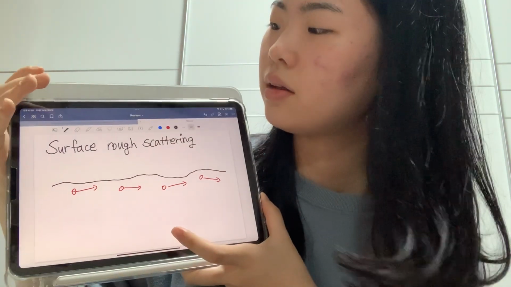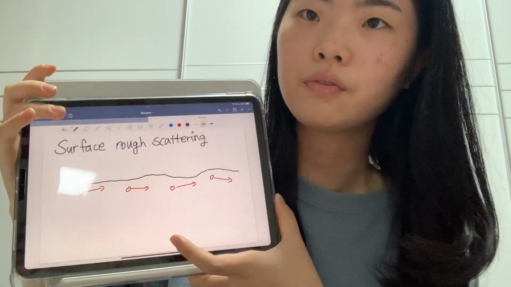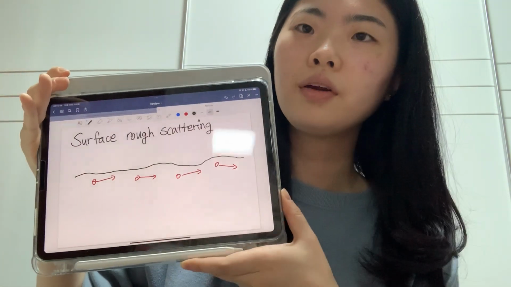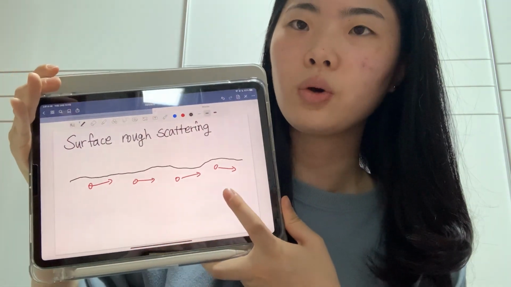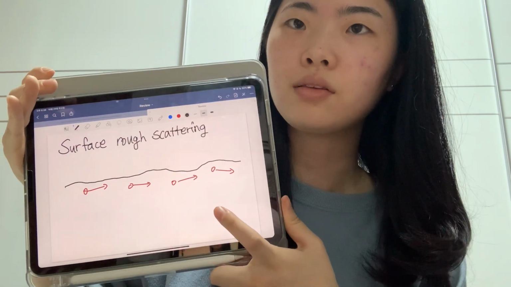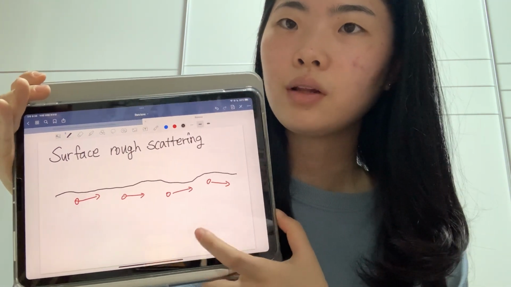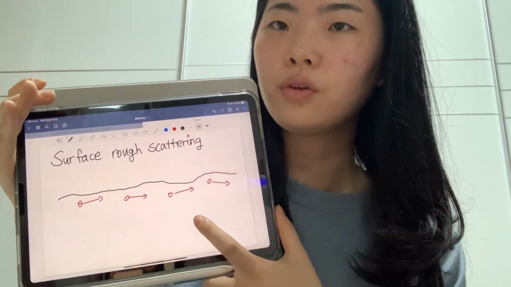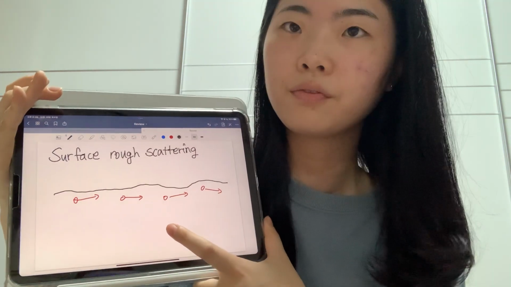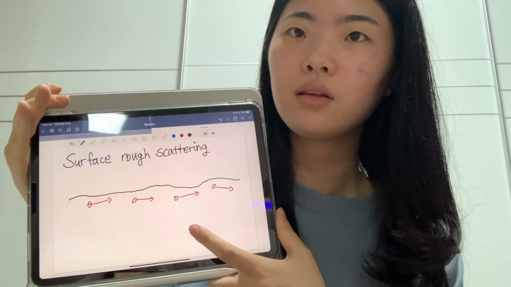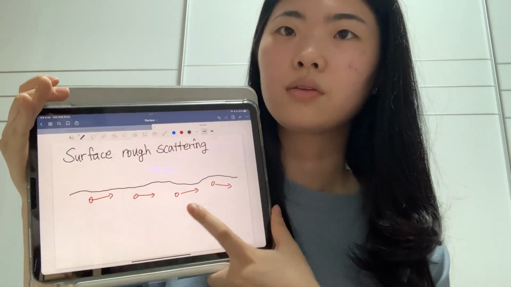And lastly, let's talk about surface roughness scattering. Every material has its own surface, and those surfaces are very rough. So if an electron moves to that rough surface, scattering can happen.